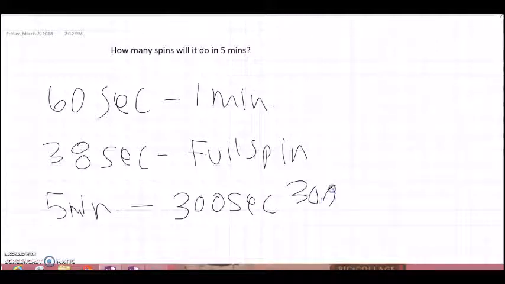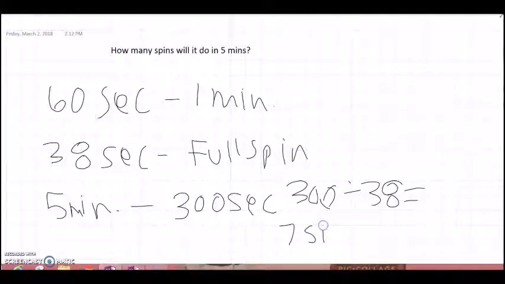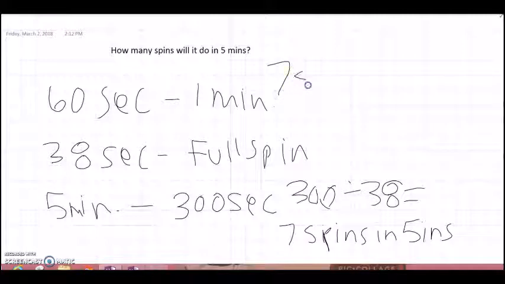So 300 divided by 38 seconds for a full spin equals about 7 spins. So it takes about 7 spins in 5 minutes.